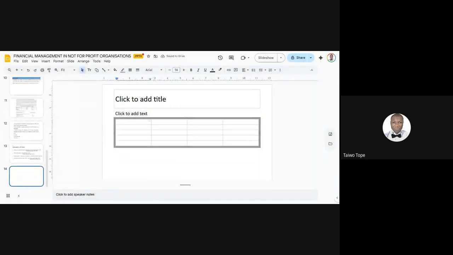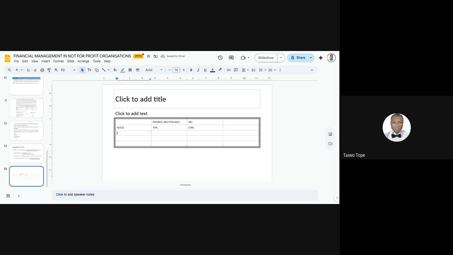For the private sector average and IBC values. The industry average return on capital employed is what for private sector? 10%. IBC, our result is 0.9.